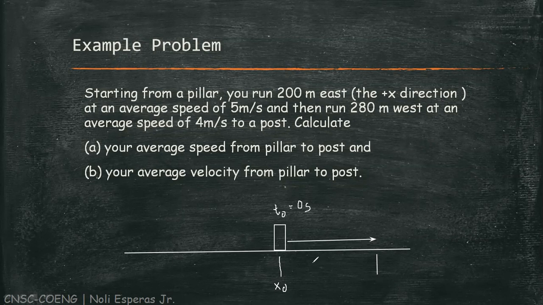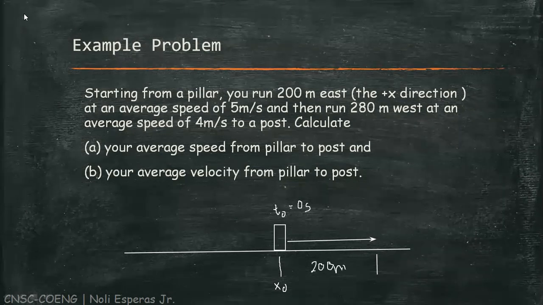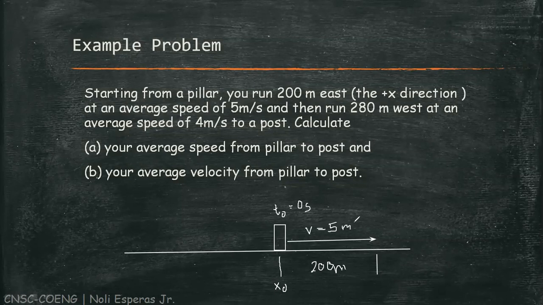This is 200 meters at an average speed of 5 meters per second. Let's say this is V1.